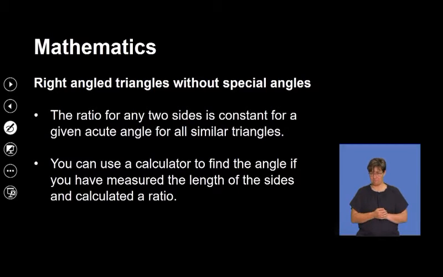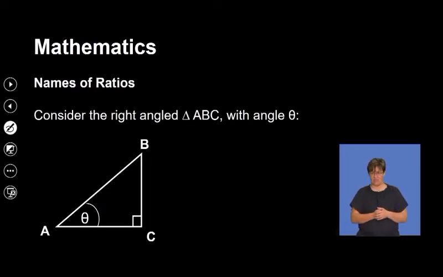You can use a calculator also to find the angle if you have measured the length of the sides and calculated a ratio, so you can play around with this. Remember, I said the first case is when there are special angles, but when there are no special angles, we can use a calculator, which we will also look at at a later stage.